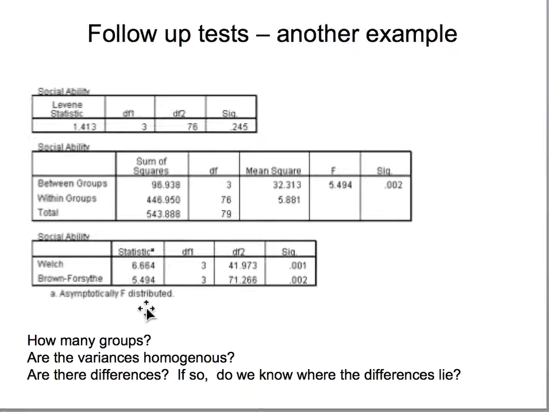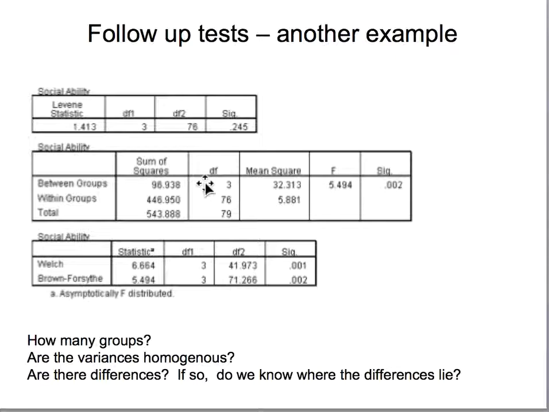If I ask you how many groups there are, the way that you figure that out is you look at the degrees of freedom, right? Degrees of freedom between groups is always the number of groups I have minus 1. And so 4 minus 1 is going to give me 3. I always have to add 1 to my degrees of freedom between groups to figure out how many groups I have if I don't have the actual data.